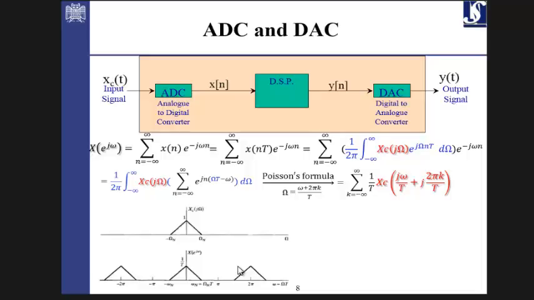When it's bounded, even though this sigma and this integral range from minus infinity to infinity, because we know that it's bounded, we can replace the operator of the sigma with the integral and change the places of them. After changing the places and pulling out the X of j omega, because the sigma is over n, we have such a thing. And using the Poisson formula, we see that this is nothing but this equation.